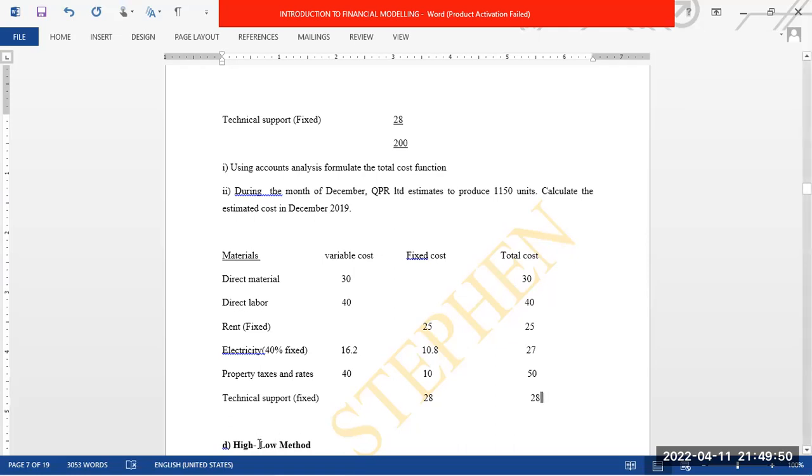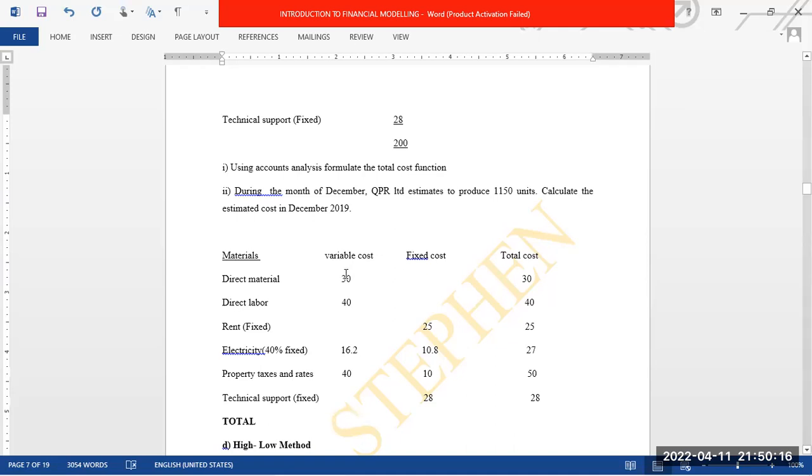So you're supposed to get the total of both fixed cost and variable cost. You come here and get the sum of all the variable cost.